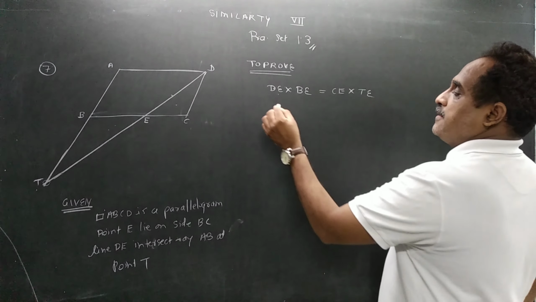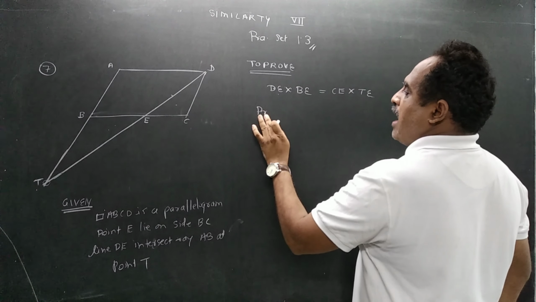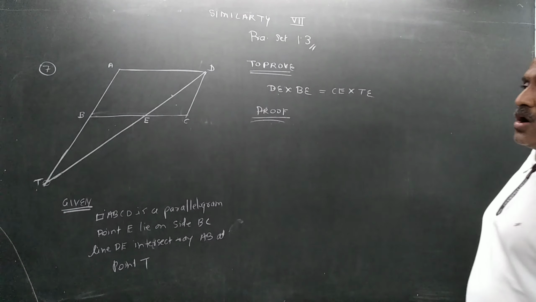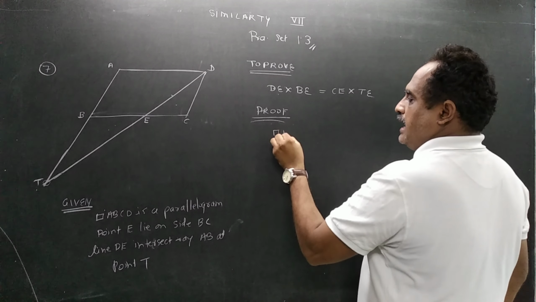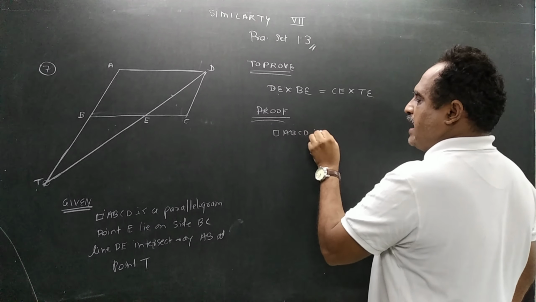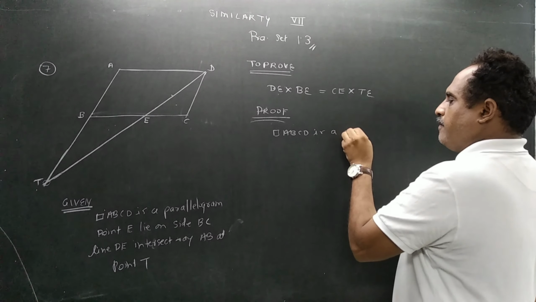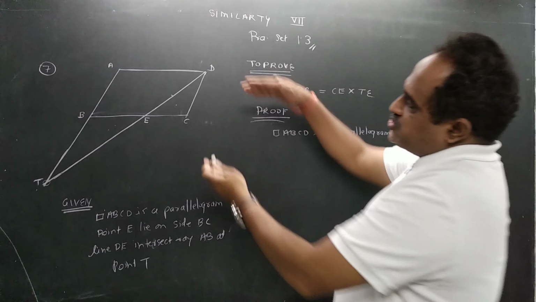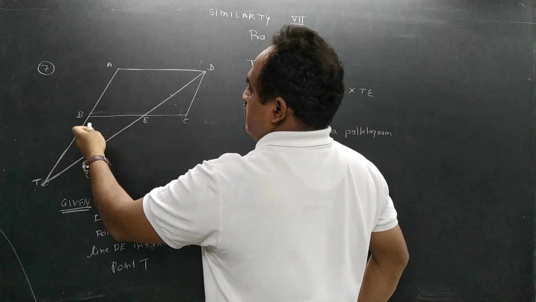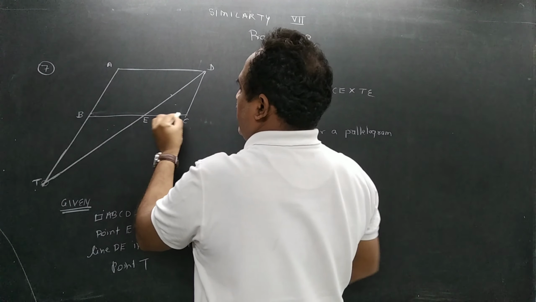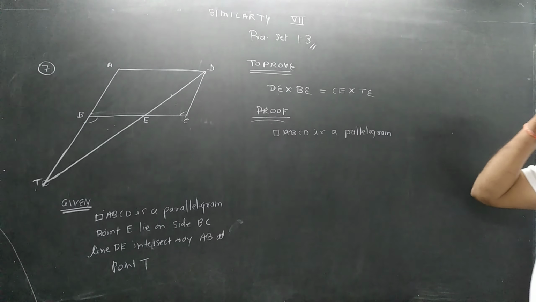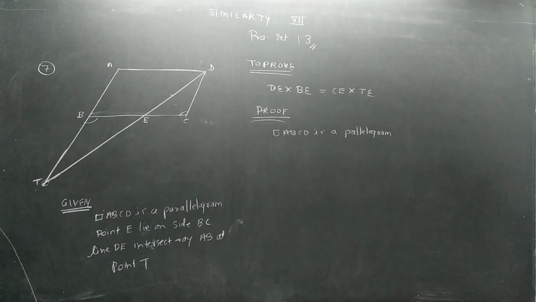So in that case, see how I am going to do it. Proof: quadrilateral ABCD is a parallelogram, it is given. Now these two sides are parallel, these are parallel. If I consider these two sides parallel, I will come to know that this and this are alternate angles. And alternate angles of parallel lines are congruent.